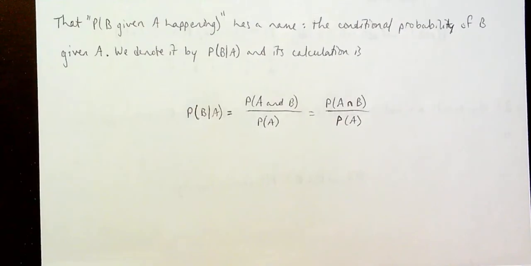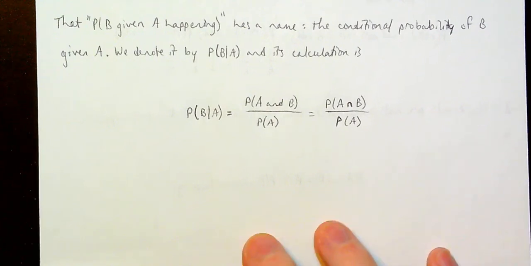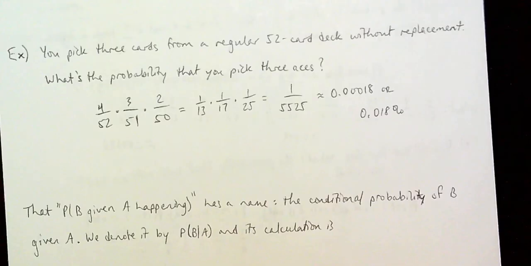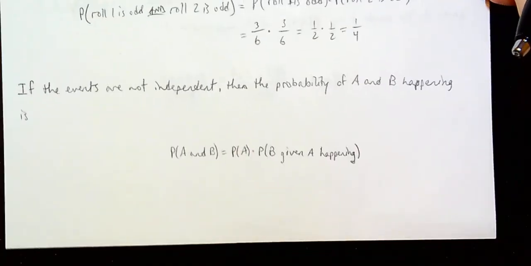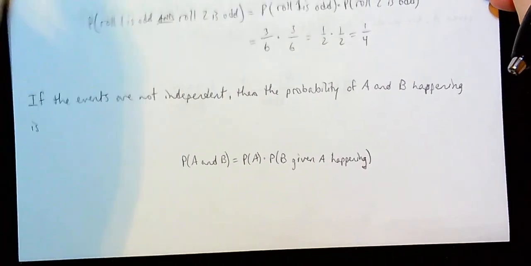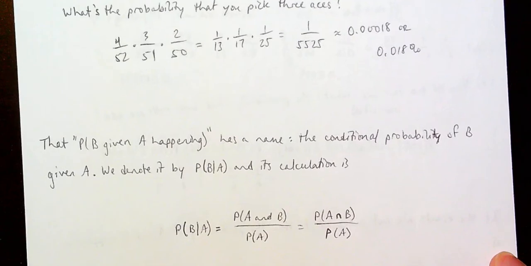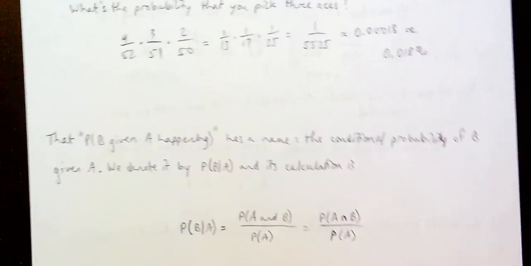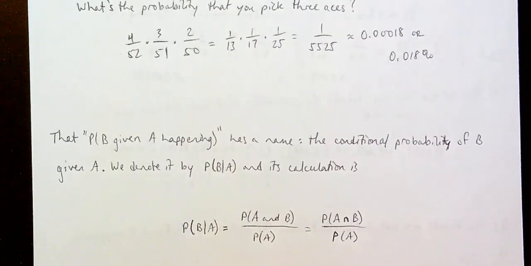So those were some sample problems using this formula right here: P of A and B equals P of A times P of B happening given that A happened. Well, there's a special term for that, P of B happening given A happening. It has its own name.